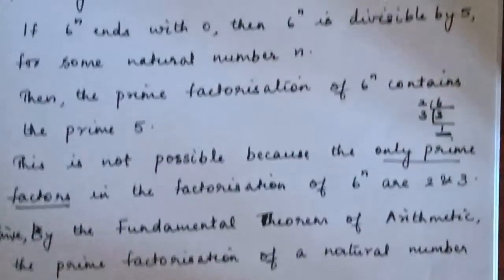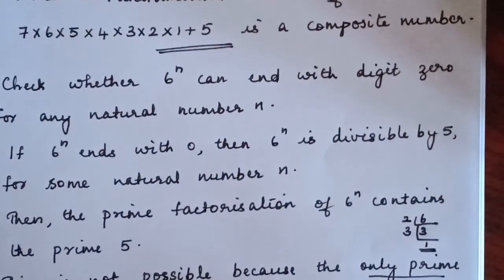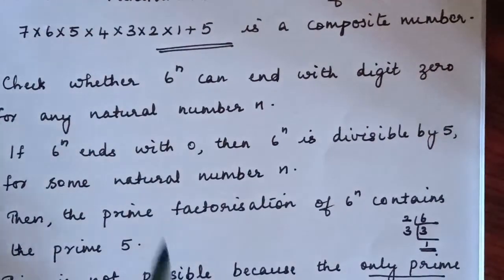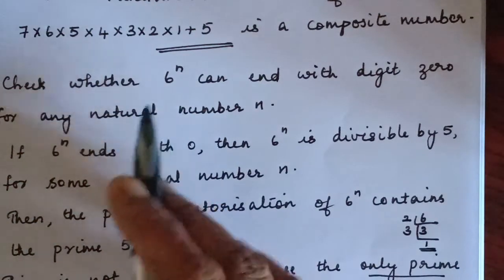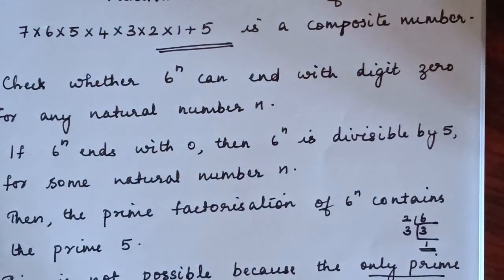This question you may get like this also: check whether 4 raised to n can end with the digit 0. There also, in the prime factorization of 4 raised to n, you will get 2 into 2 only. Instead of 6 raised to n, you may get 9 raised to n or 12 raised to n also.